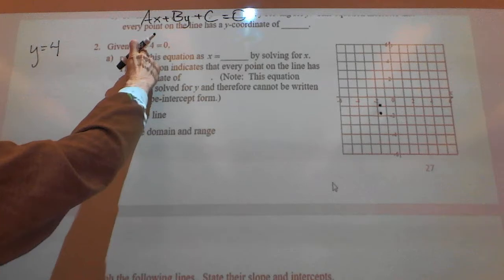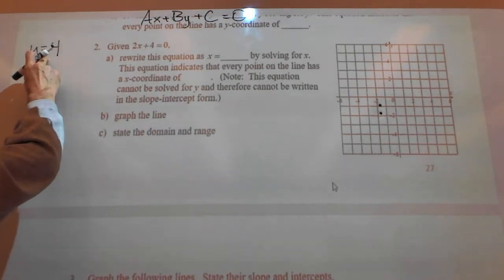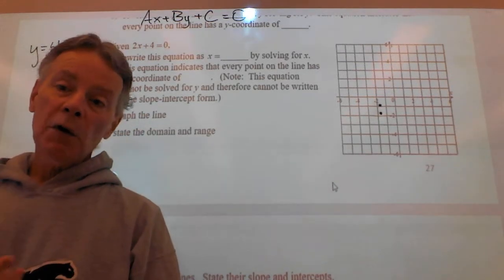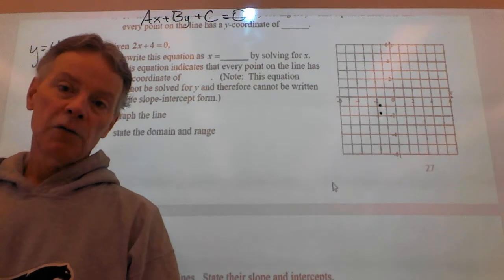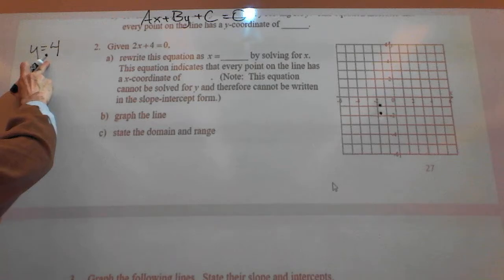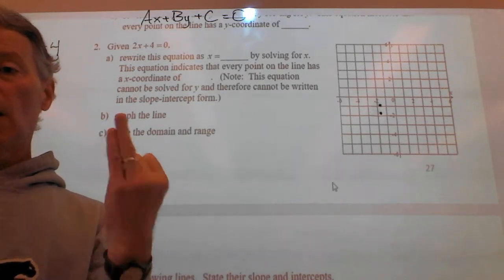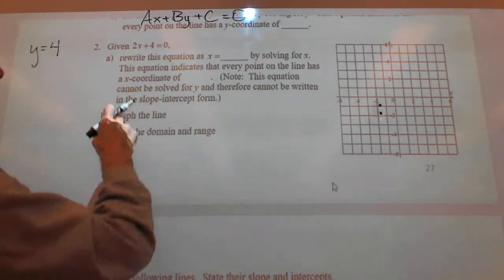Whereas this equation has no y term, this equation had no x term. Okay? So both of them are missing a term. It's just a different one. And we discovered then that when it was missing the x term, that meant that the slope was 0, and it meant we got a horizontal line.